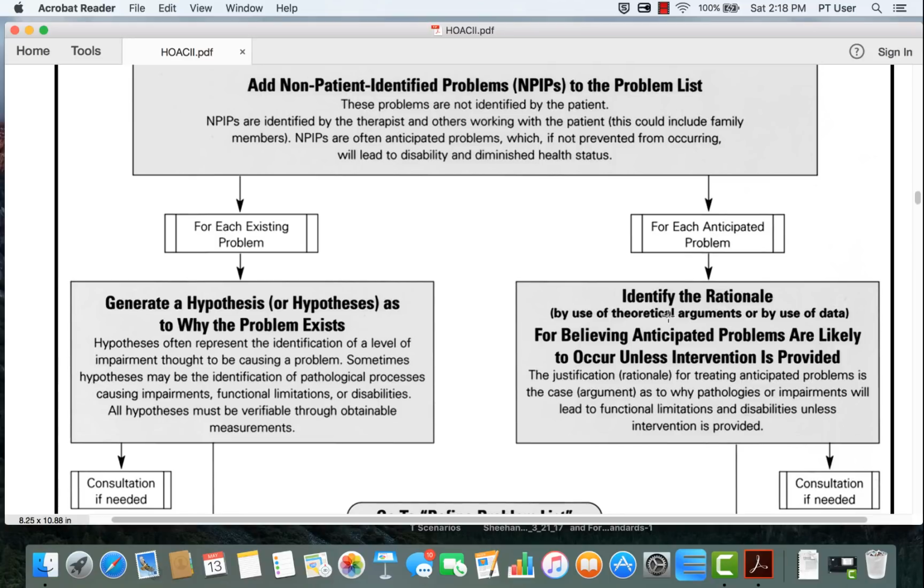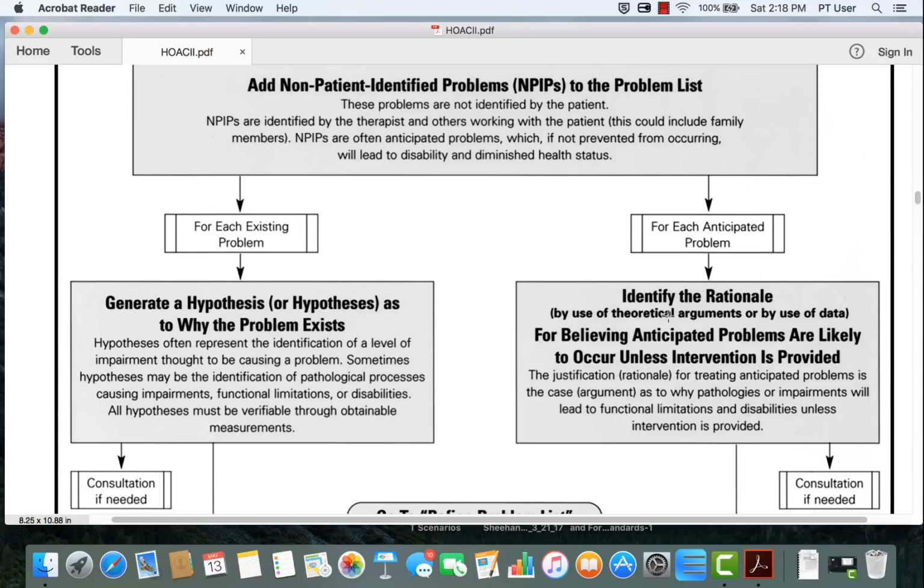And what we're trying to do, or what we need to do in this rationale, is justify why management of this patient is important, because what we're essentially doing is arguing that we need to do this intervention to prevent this problem from arising. So the most, I'd say the most common, let me think of a good common example.